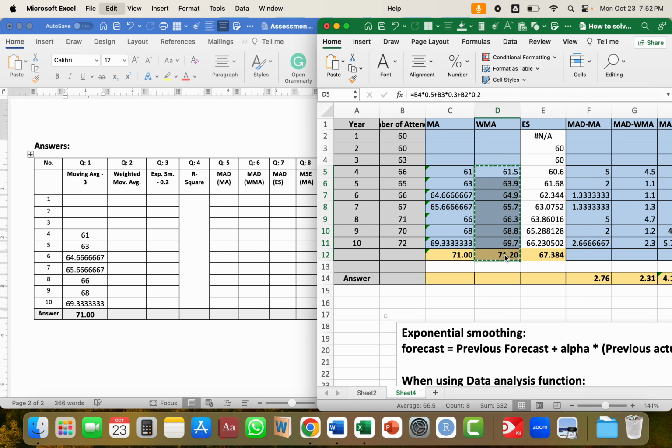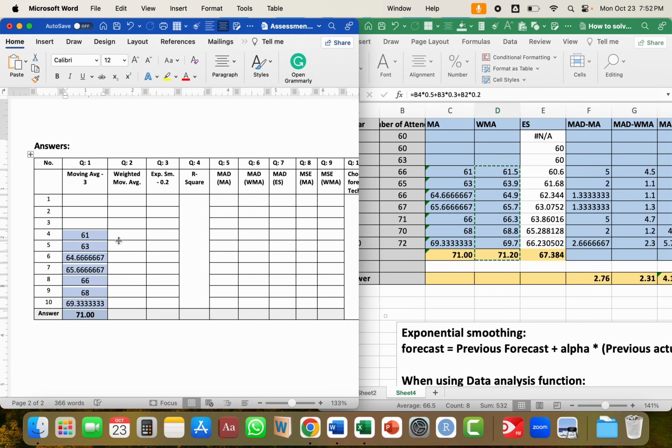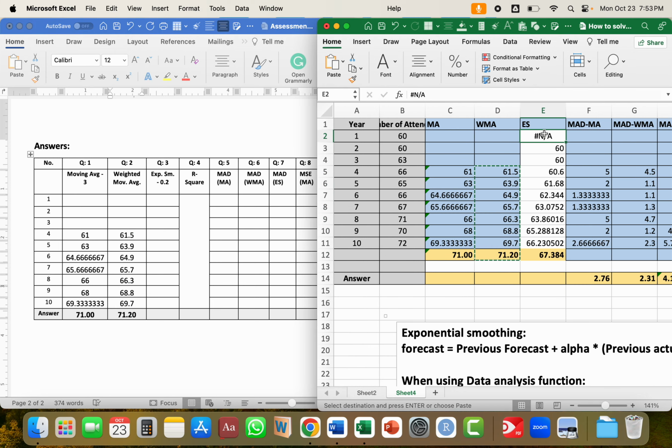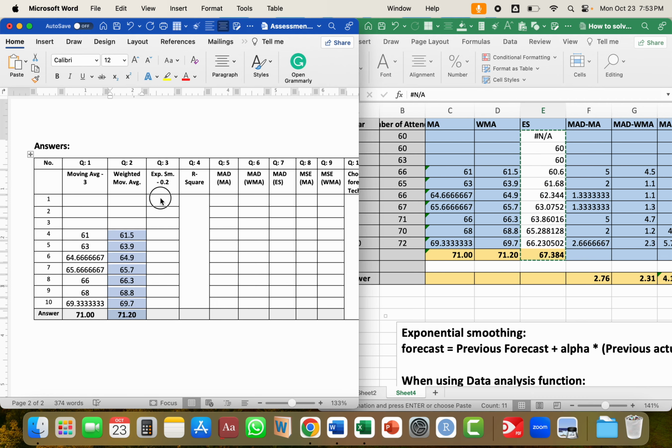I will copy this one and I will paste it here. And again, make sure you are pasting them at the right place. You see, the top three cells are empty, so top three cells must be empty. And then for exponential smoothing, I'll be pasting all these here.